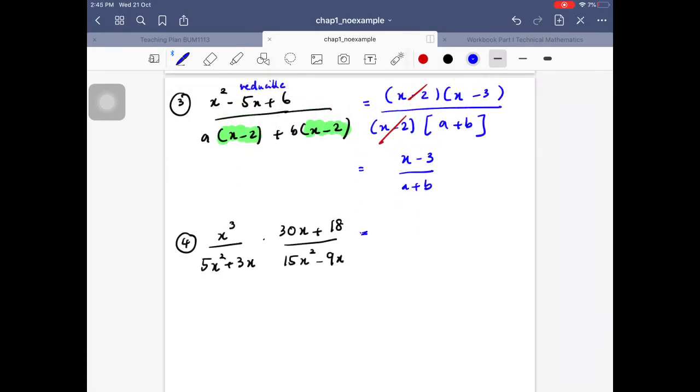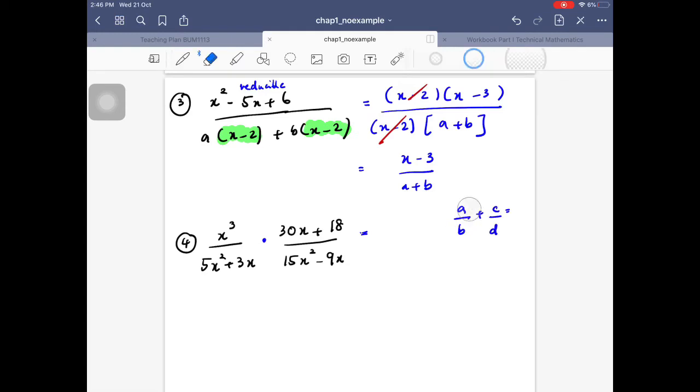For example number 4, I have 2 fractions that I'm going to multiply. So this is multiplication, the dot. So I have x cubed over 5x squared plus 3x multiplied by 30x plus 18 over 15x squared minus 9x. Remember, when we have multiplication, the operation is going to be like this. If I have a over b plus c over d, sorry, that's a plus.